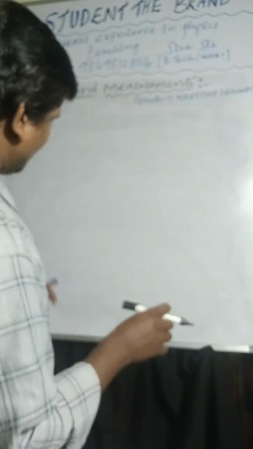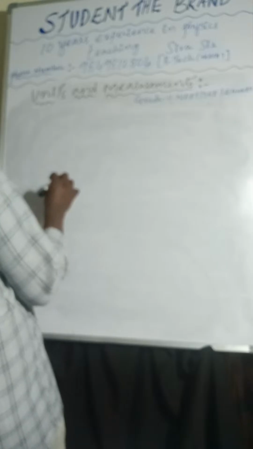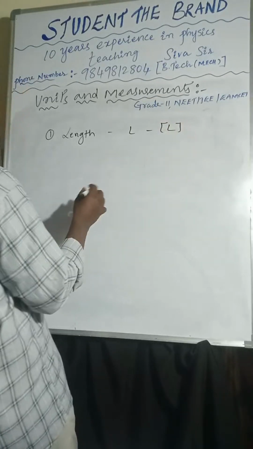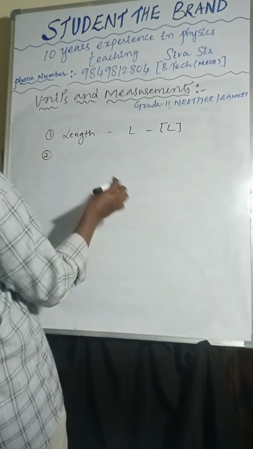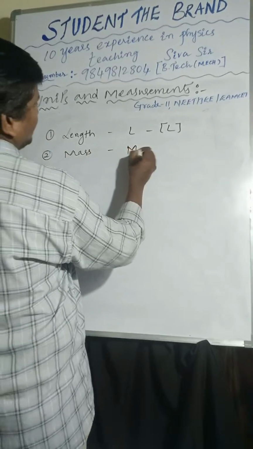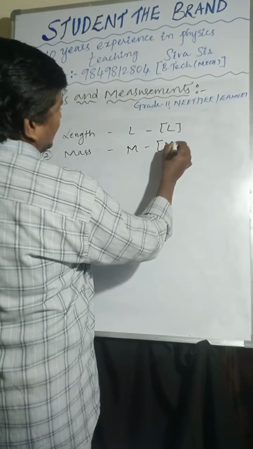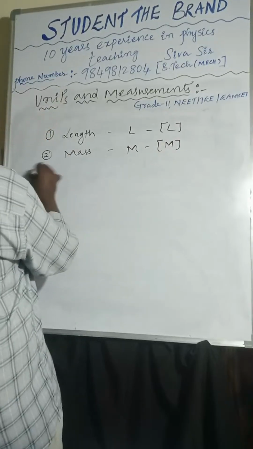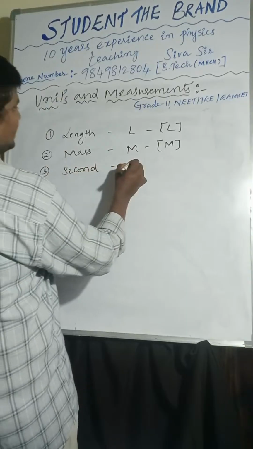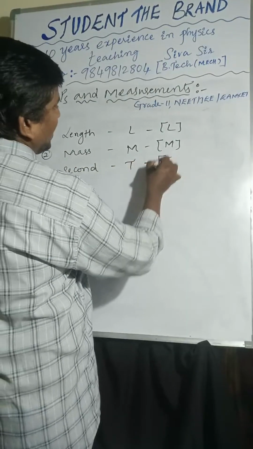Length: the dimension is capital L. If you place it in capital brackets, that is the dimension formula. Mass: the dimension formula is capital M. Time, in seconds: the dimension is capital T.